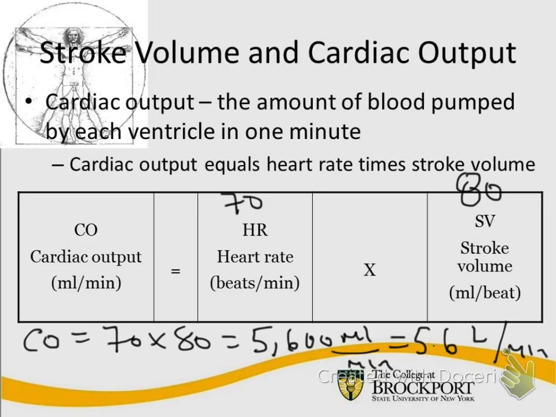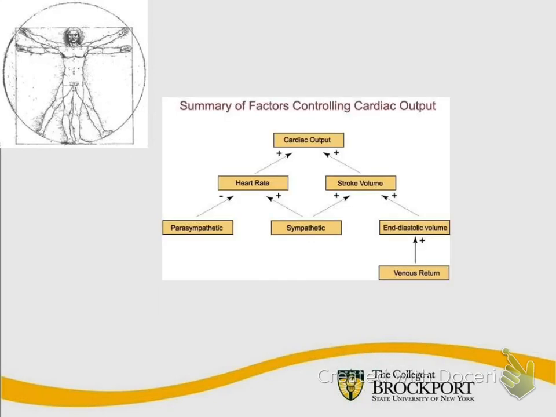This lab is all about how that happens, and it's about you getting a feel for how much heart rate increases, what happens to stroke volume, and how these two variables balance to result in an efficient and a sufficient cardiac output. So what controls cardiac output?